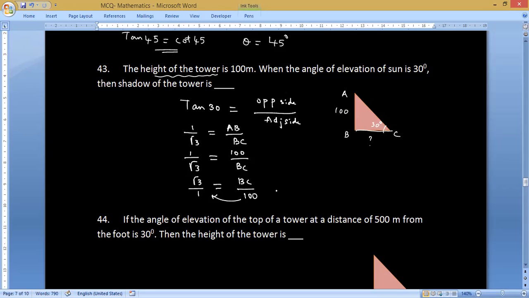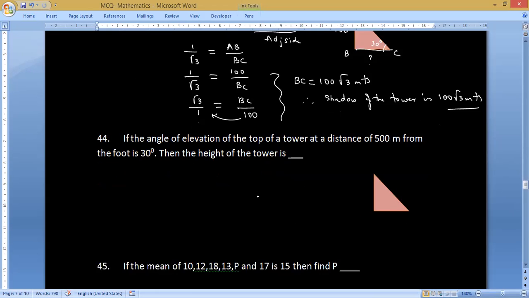We cross multiply. Then BC is equal to 100 root 3 meters. So therefore, the shadow of the tower is 100 root 3 meters.